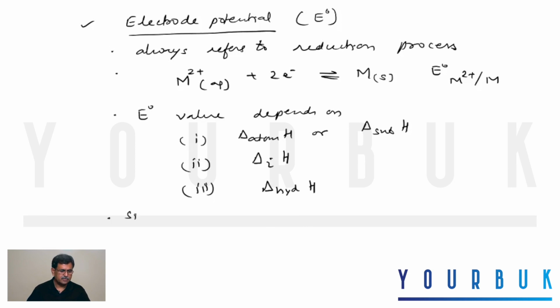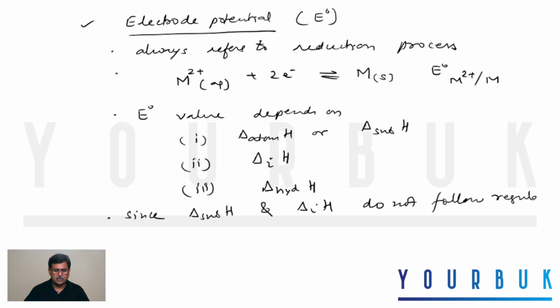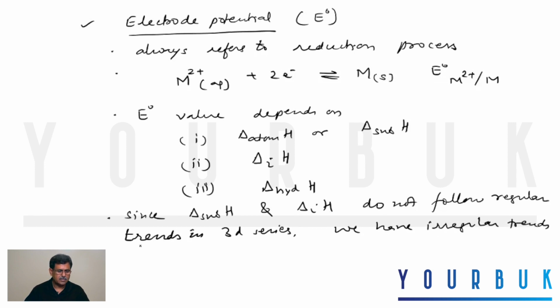Now, since sublimation and ionization enthalpies do not follow a regular trend in the 3d series, therefore we have irregular trends in the E degree values. This is a very important point.